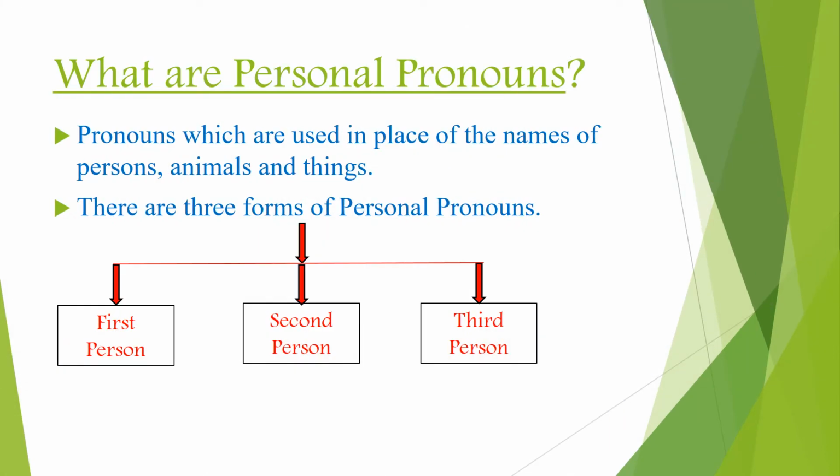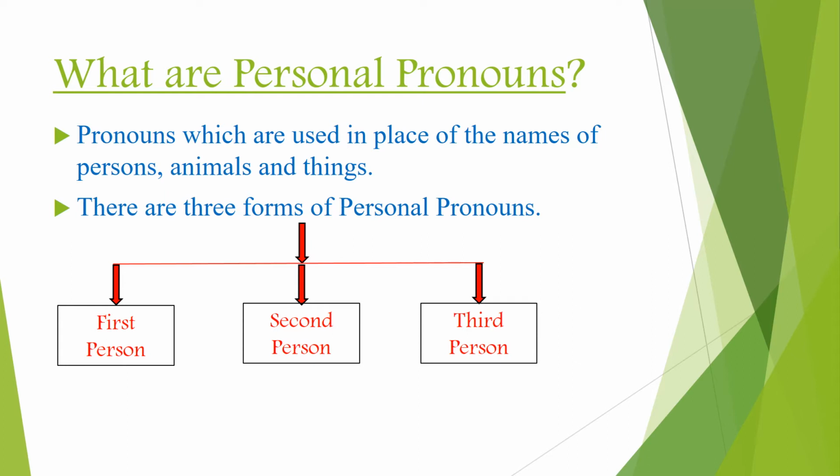Let's understand the first type of pronoun, that is a personal pronoun. Now, what are personal pronouns? Personal pronouns are pronouns that are used in place of names of persons, animals, and things.